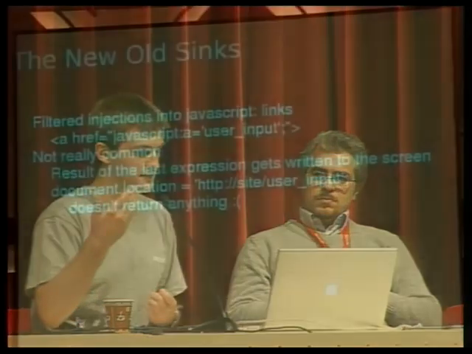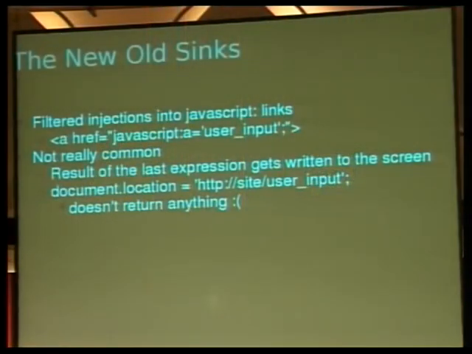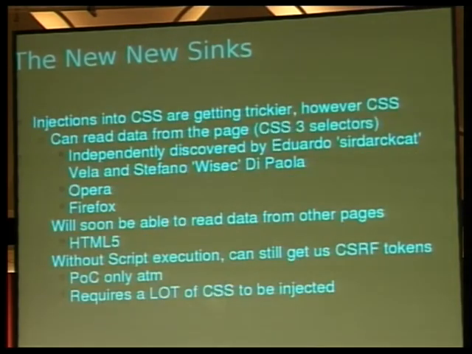For example, if you have a link such as the one there, which isn't all too common but sometimes happens, those kind of links actually also don't just execute the JavaScript, but they also write the result of that to the page. So, for example, in this case, if someone clicked on that link, then the string user_input would be written to the page as HTML. But this is really all more or less old stuff.